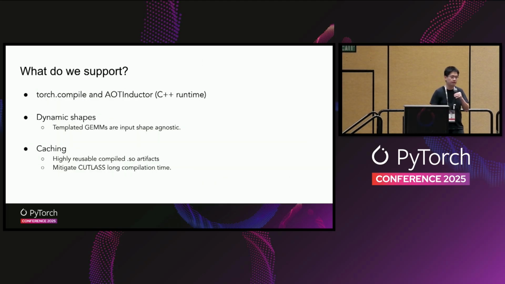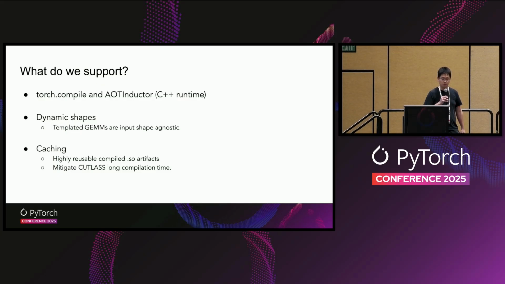So what do we support? By default, we support torch.compile, basically the recommended entry point for Python usage to compile a model. We also support AOTI, which is like the twin brother of torch.compile for serving a model in a C++ runtime. We support dynamic shapes. Again, we try to mimic the support we have for Triton.